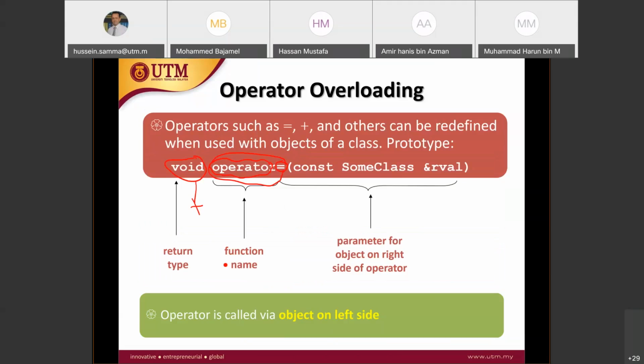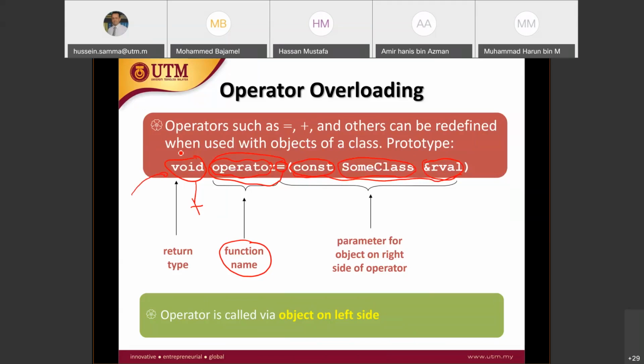Then you have to stick to this syntax: use the keyword const, then the name of the class, and the address. This is very similar to the copy constructor. You need to change the behavior, so you have to follow this syntax.